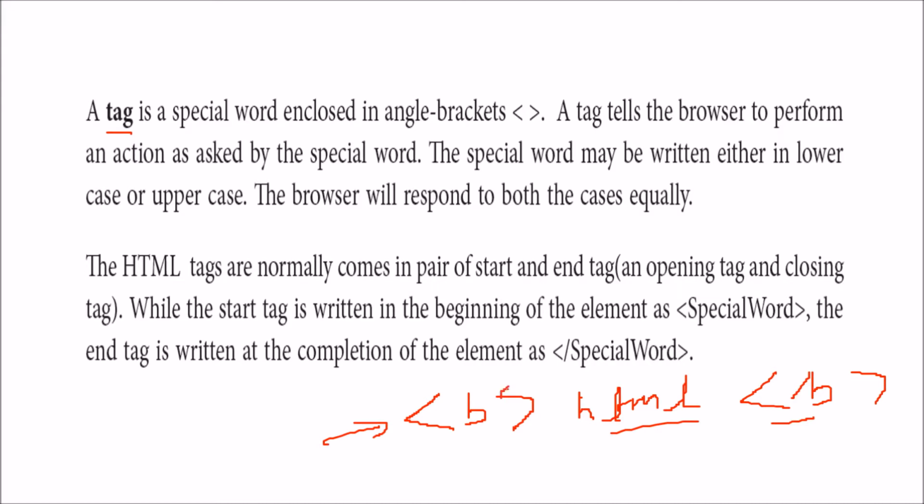So every tag has to have a closing tag. But there are other tags also, we'll call them empty tags, which don't require this second one. So what this instruction is doing is directing the web browser to show the HTML which is written inside this tag in bold, right?